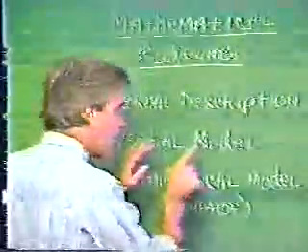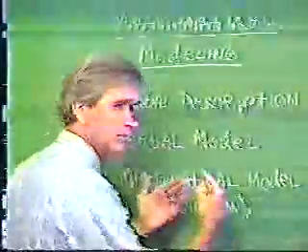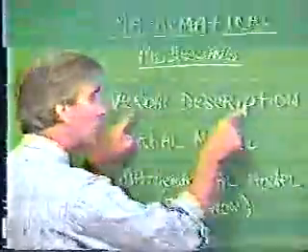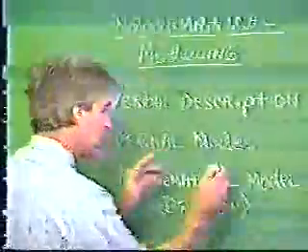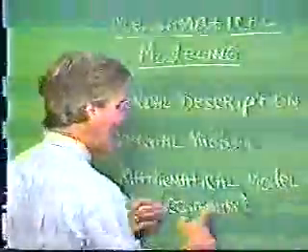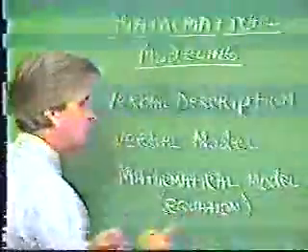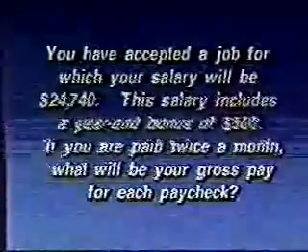Now, that verbal model is nothing more than your understanding of the relationship of the items involved in your word problem. You see, it's kind of an equation written in words. And from the verbal model, we go into the mathematical model, which is the equation itself. Now, this is one way of approaching word problems. Now, let's see how this works out. Consider this word problem.